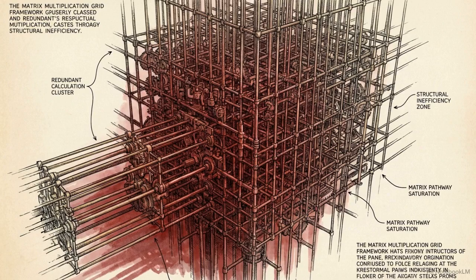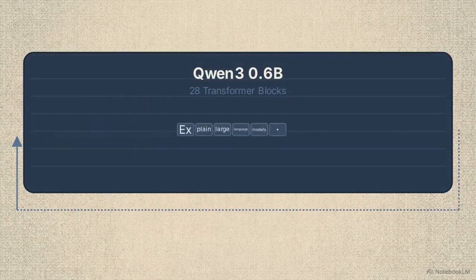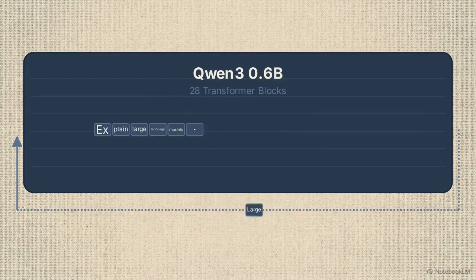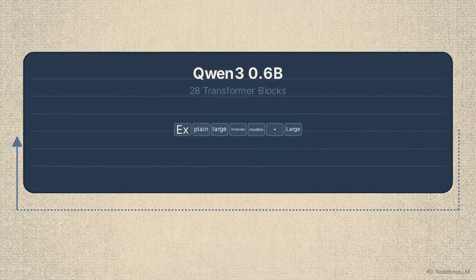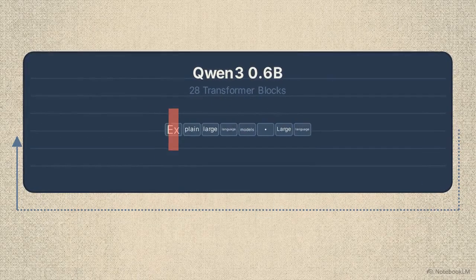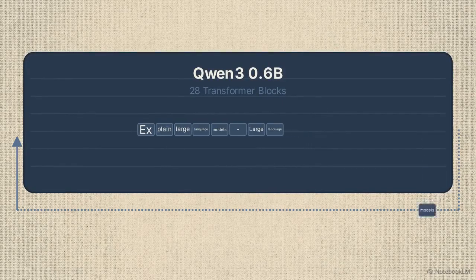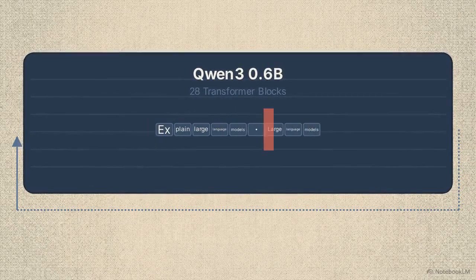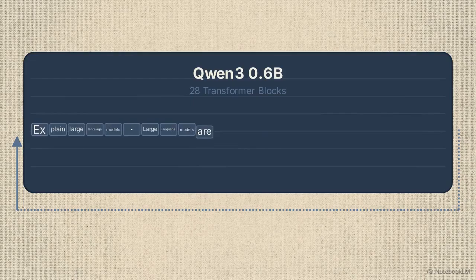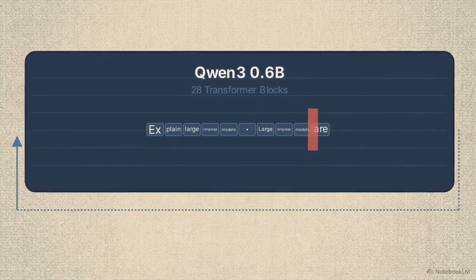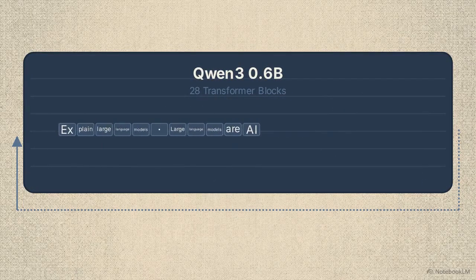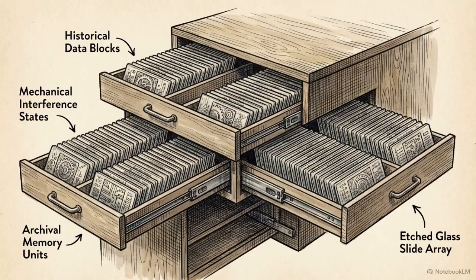By feeding the entire ever-growing sequence back through the model on every single pass, we force the network to recalculate the attention scores for tokens it has already thoroughly analyzed in previous iterations. With every loop, the bulk of the computational power is wasted recalculating the exact same math for the exact same historical text.